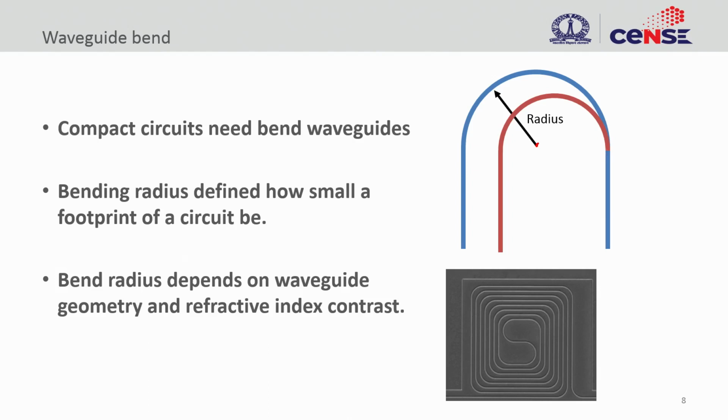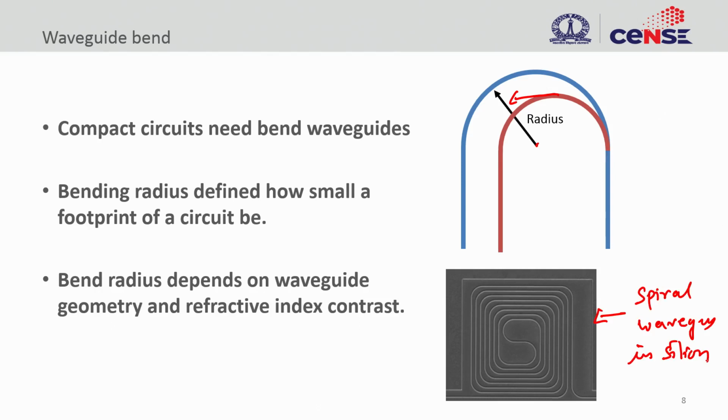When there is a bend, your light is going to see a leakage. That is why we say do not bend the optical fiber, right. When you have a fiber, there is a minimum bending radius, and beyond that, do not bend it. What you see here is a spiral waveguide in silicon.